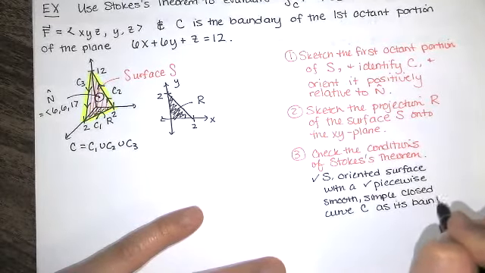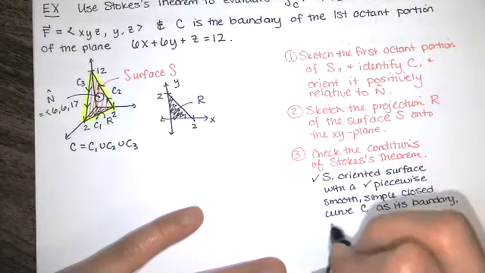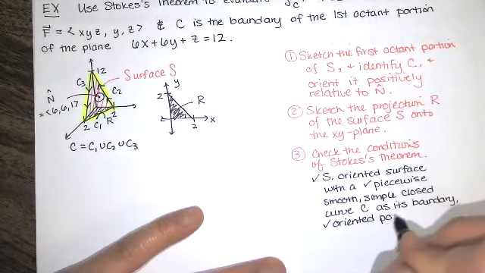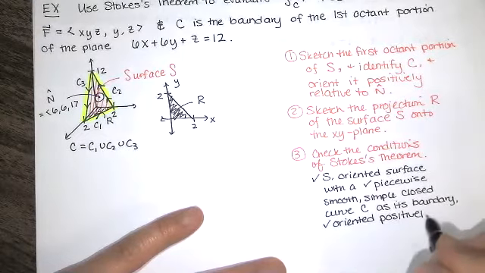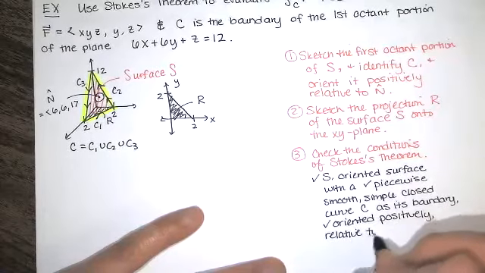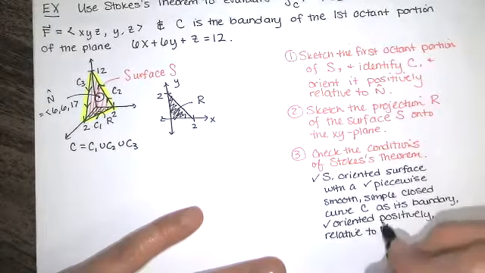And of course, C needs to be oriented positively relative to n. Okay, and that's n hat.